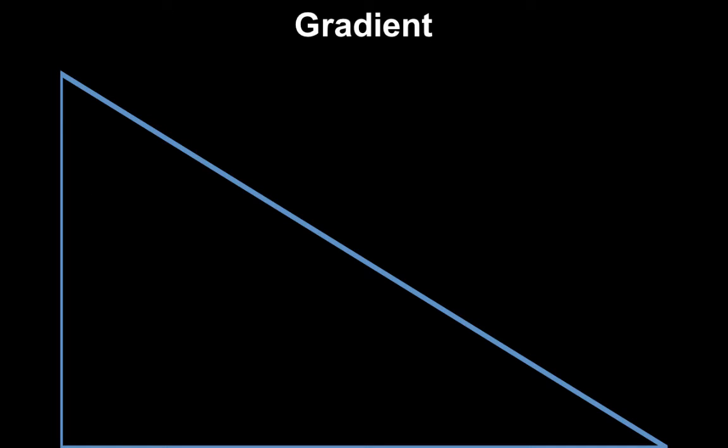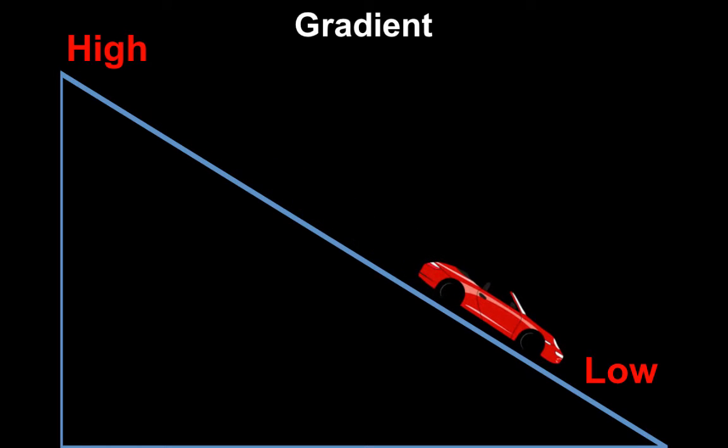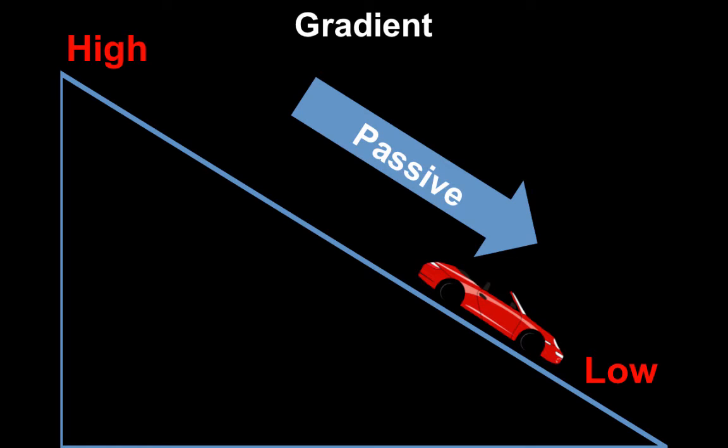Alright, so remember, this is a gradient. Another name for gradient is a slope. And in this case, I'm going from high elevation to low elevation. And if I have a car and it's on top of a hill and it rolls down the hill, that's like passive transport. I did not have to add any energy to that situation. It just happened on its own.